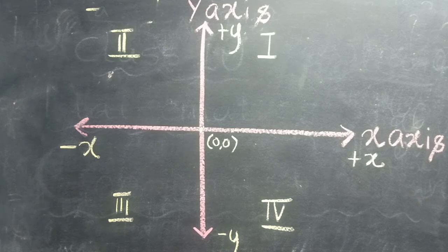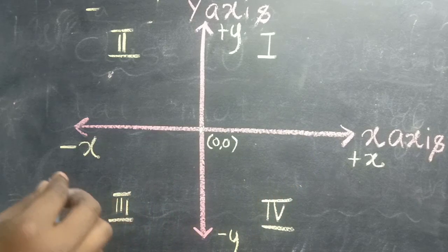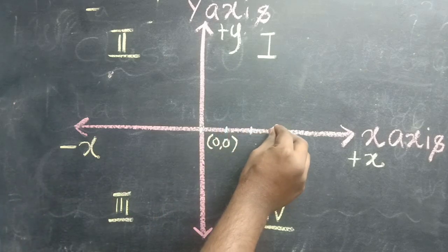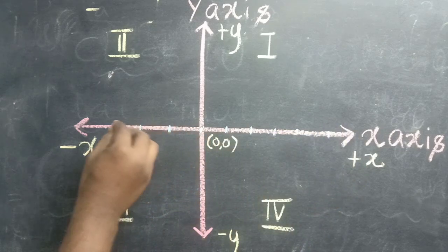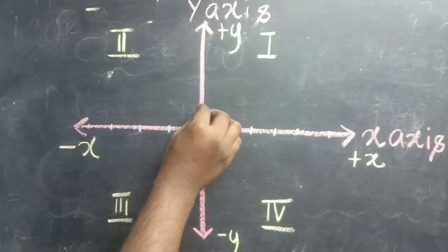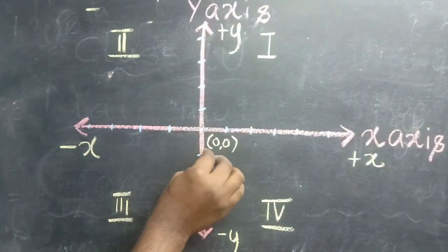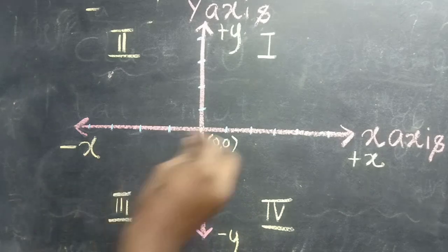Then we have the points on the x-axis and y-axis at equal distances.